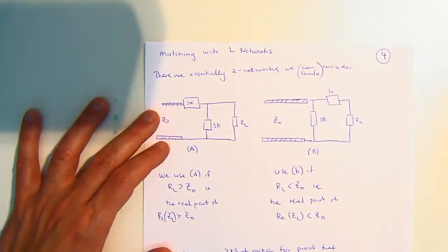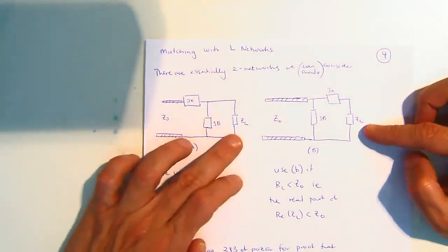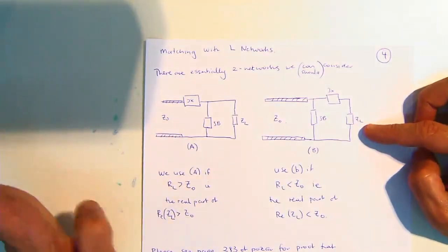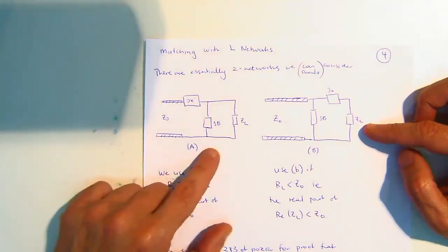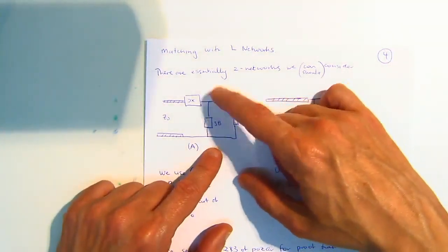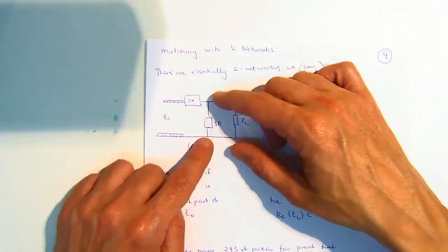Now, I'm also showing two circuits. Here I'm trying to match the characteristic impedance of this line to the load, and I've drawn two circuit configurations. In the first case, I've got a shunt susceptance at some distance from the load.